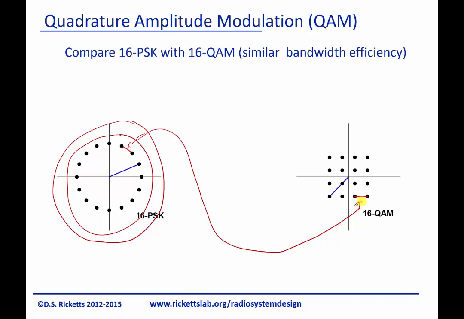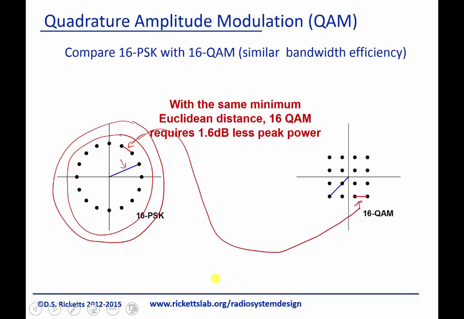But if you run through the math, it turns out that this amplitude here, to get this separation, is 1.6 dB less power in QAM than it is in 16 PSK. And that basically has to do with the fact that the distance between any 2 points here is the same as in 16 PSK, but the peak to get to the corner is smaller than this peak.